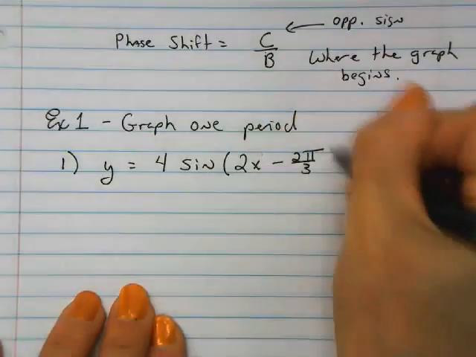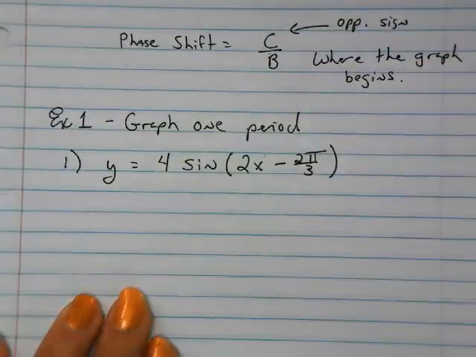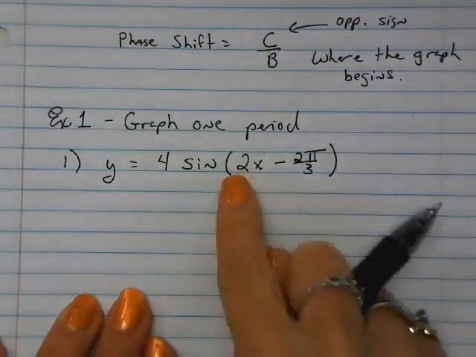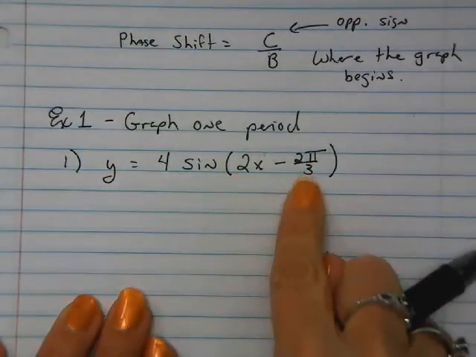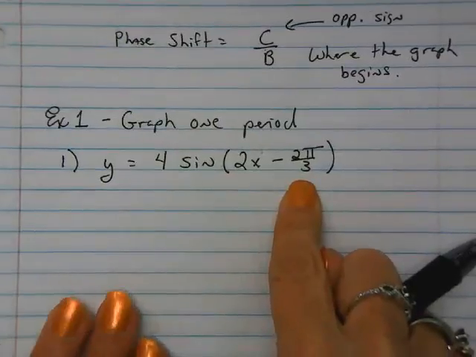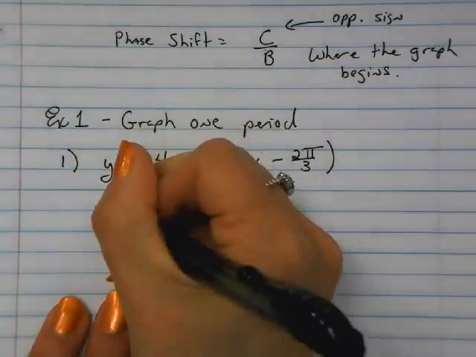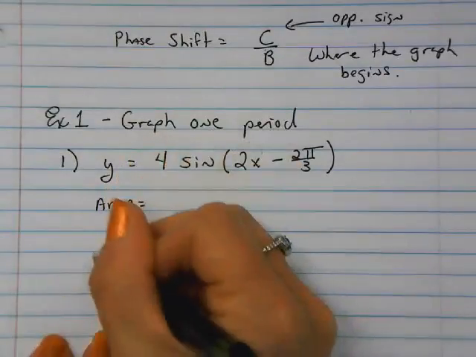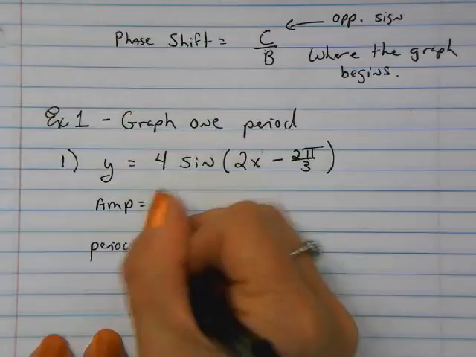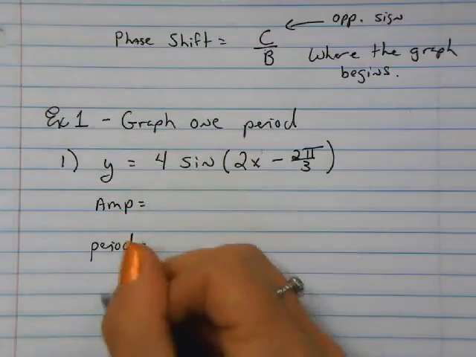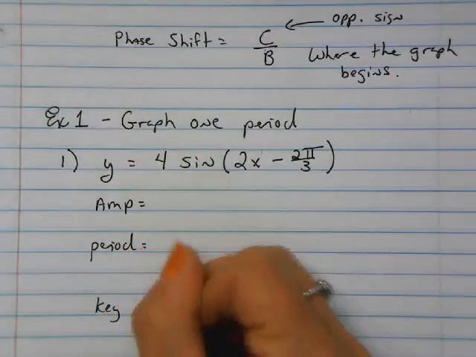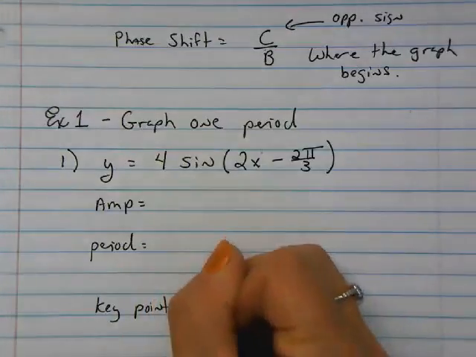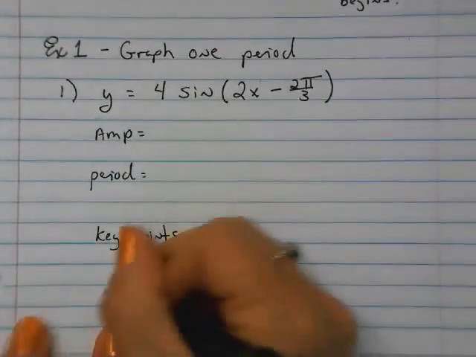So my first question for you is, does it have a phase shift? Yes, it does, because in the parentheses I've got this extra constant tagging along. So could you please tell me the amplitude, the period, what your key point intervals would be? I probably need to come up with a better name for them. And your phase shift.